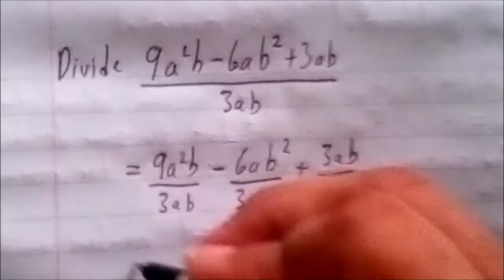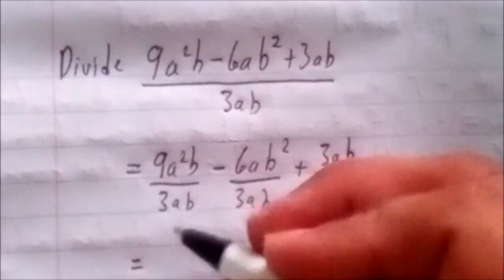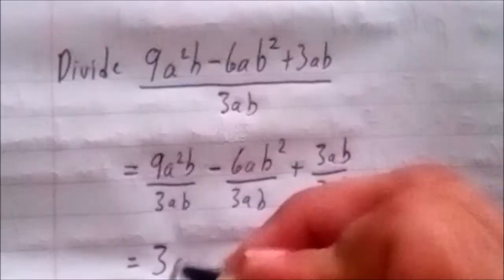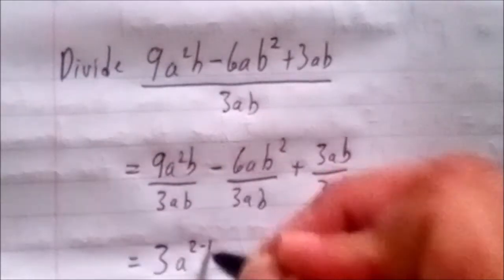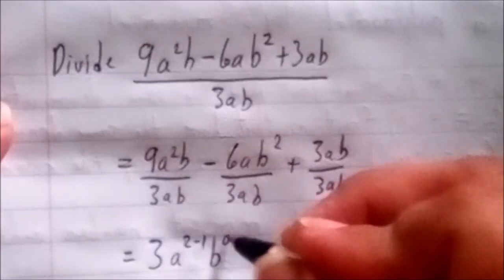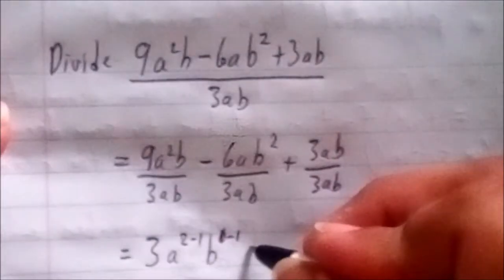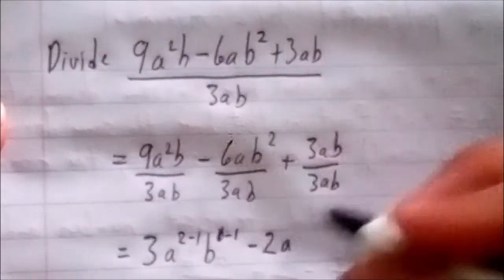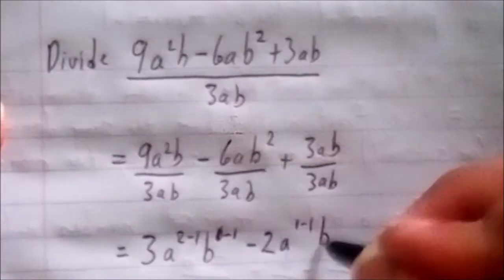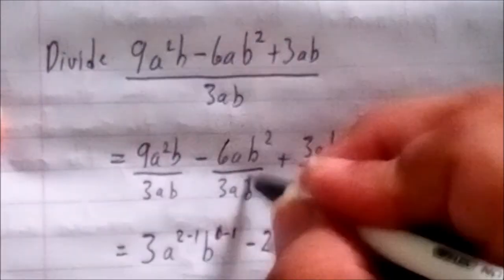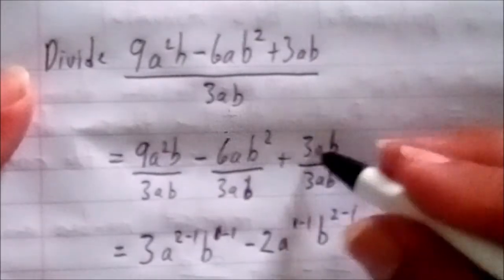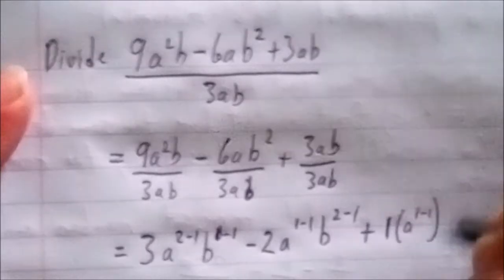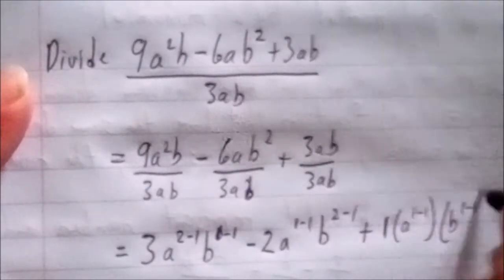So now the next step is as follows: 9 divided by 3 is 3. a squared divided by a, let's use the rules of division, gives a to the 2 minus 1, and b to the 1 minus 1. And 6 divided by 3 is 2, with a to the 1 minus 1, and b to the 2 minus 1, because these are single b's. Then plus 3 divided by 3, that's 1, with a to the 1 minus 1 and b to the 1 minus 1.